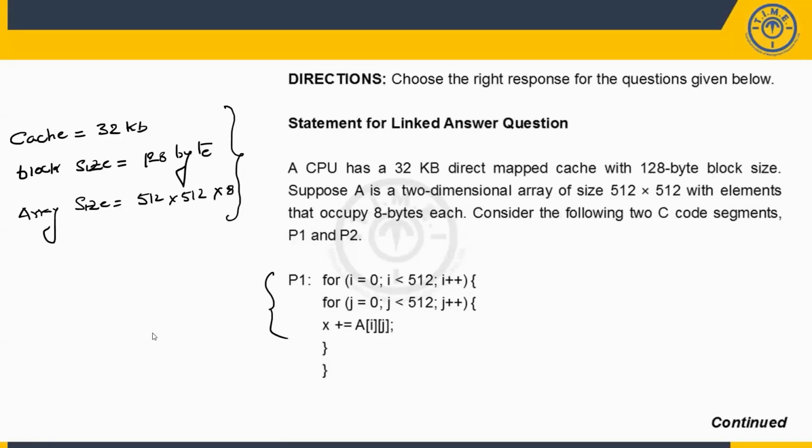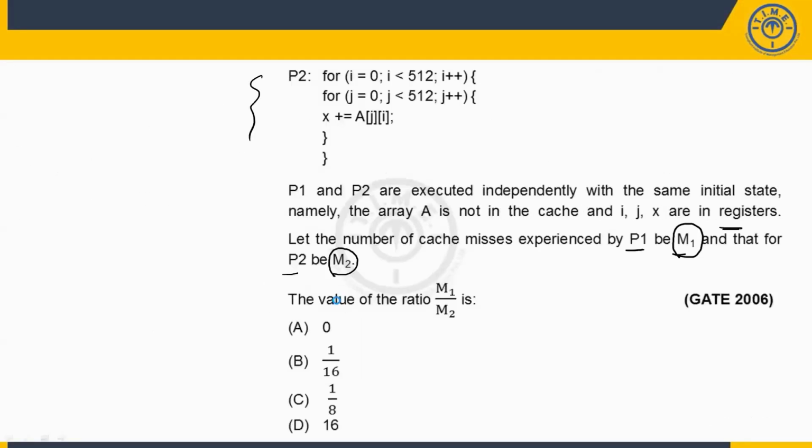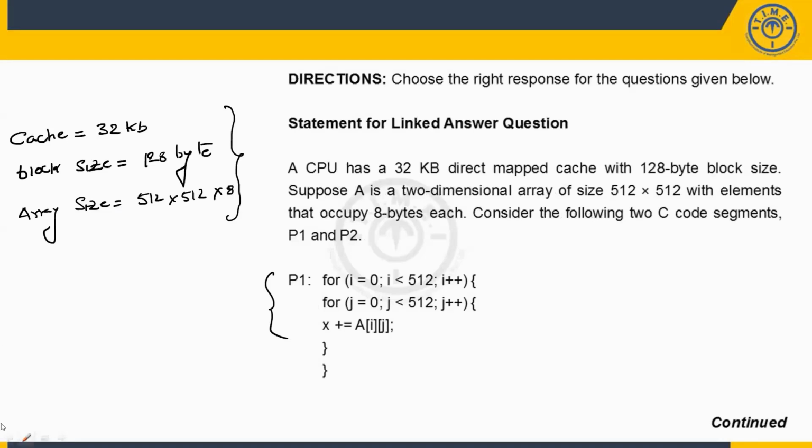Now, have a look at the question carefully. If you read the code block, you can understand. P1 is: for I equal to 0, I less than 512, I plus plus; for J equal to 0, J less than 512, J plus plus. This is row access.